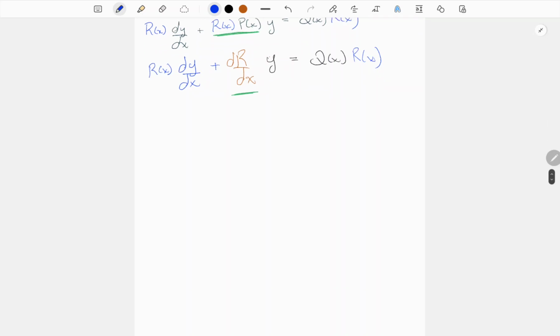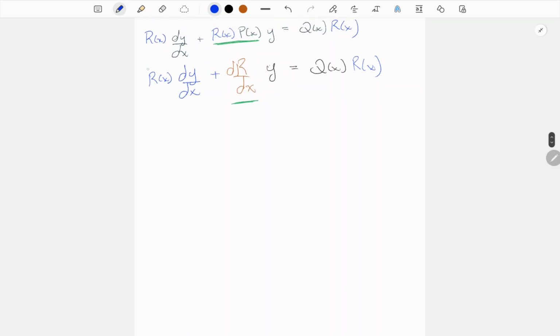Then we can make the whole left side of this equation the same thing as r y. This is the integrating combination. It's the product rule. The derivative with respect to x of r y is r y prime plus r prime y.